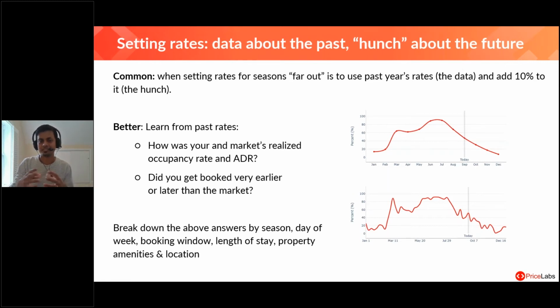So when you look at a number, also think about what's going into that number, and can you break that number down by different metrics. That will help you figure out what might be going well, what might be going wrong. So for example, maybe there's a home in your portfolio that was 80% booked over the course of 2020, and then you'll be like, hey, it did great. But then you ask for a breakdown of, okay, can we look at it at a monthly level?